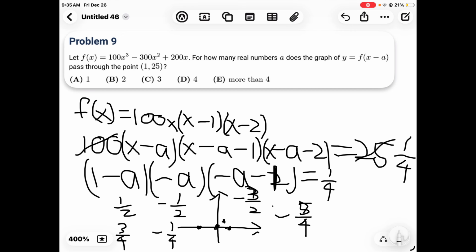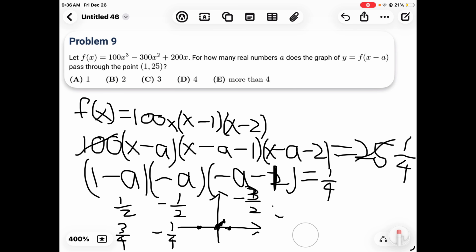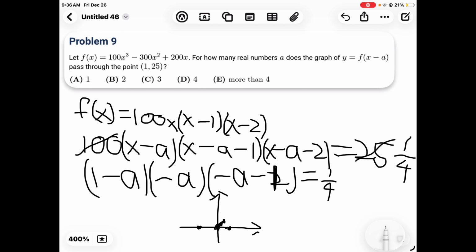So it will look like this. And then at 3/4, let's delete these. So at 3/4, we will have this is 1/4, this is negative 3/4, and this is negative 7/4. So this is 21/64, which is a little bit bigger than 1/4, but at least we know it will go back down. So that's already 2 solutions where it meets a fourth.